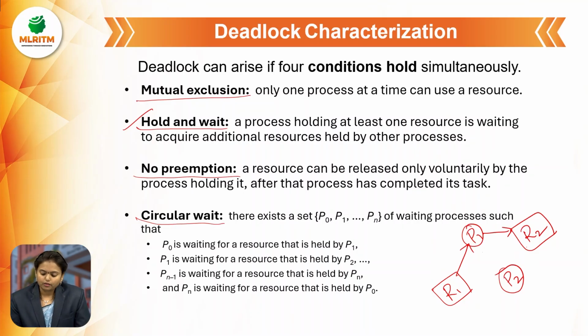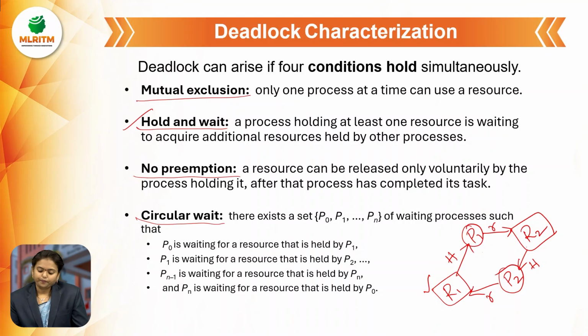So here process P1 is holding R1 resource and process P1 is requesting R2 resource. Same, P2 is holding R2 resource, and P2 is requesting for R1.